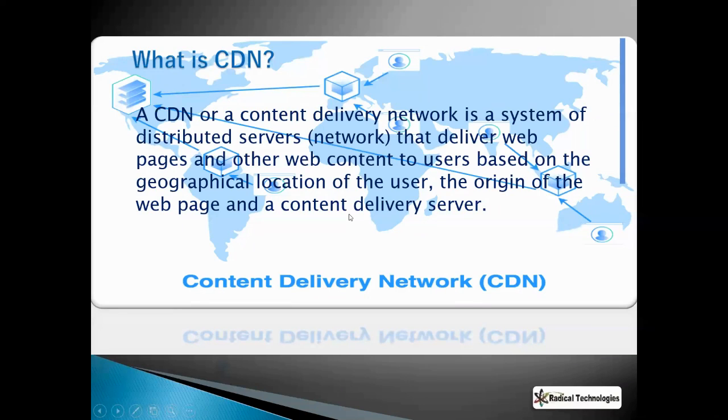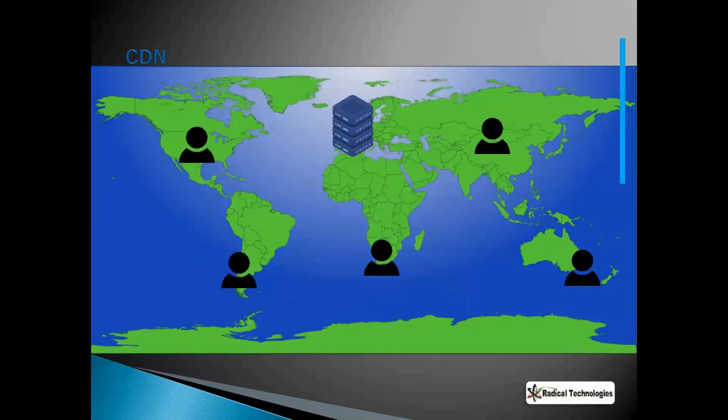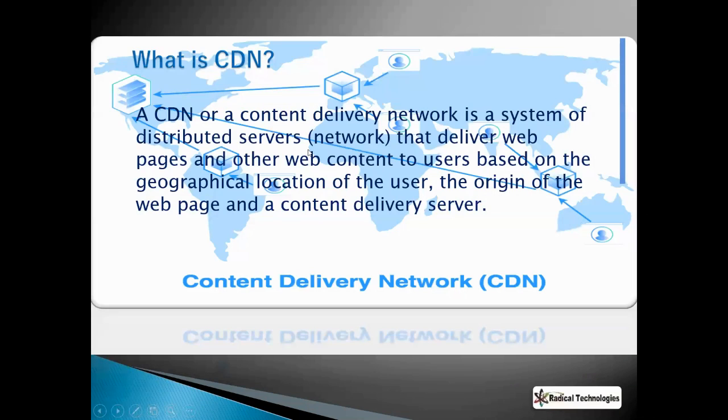Basically, we talked about edge location, right? In short, a CDN is a content delivery network, or a server which enables you, the user, to browse the website in a nearby location rather than the main location.